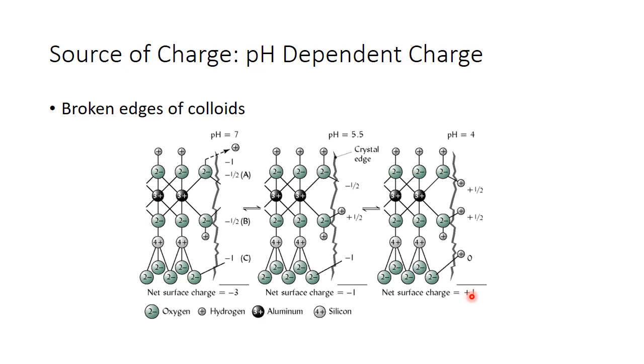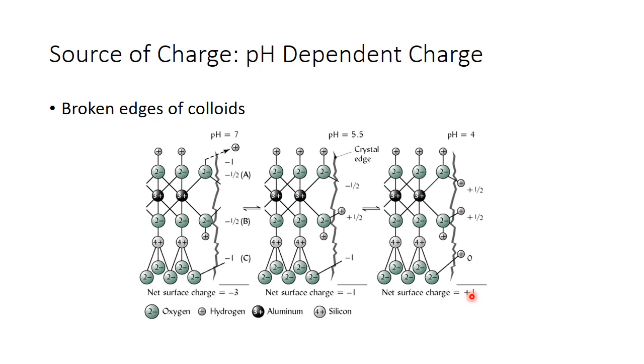So it's pH dependent. And the way to think about this is at a low pH, we have more hydrogen in solution. So going back to chemistry, if we look at the concentration of hydrogen, if we have a pH 4, that means that the molarity of hydrogen in solution is 10 to the negative fourth, or in other words, 0.0001.